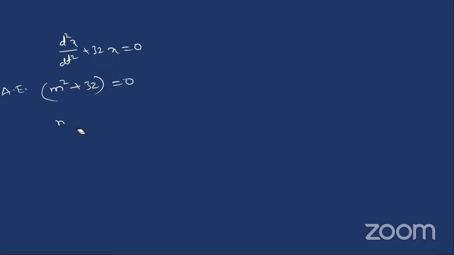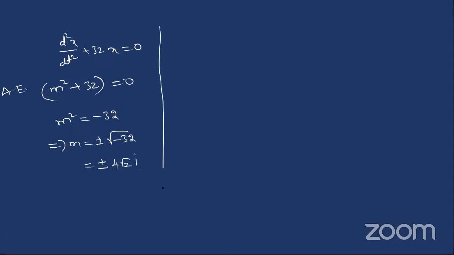Correct? If you find the roots of this equation, m square is equal to minus 32, and thereby m is equal to plus or minus square root of minus 32. We can write this as plus or minus 4 root 2 i. So clearly the roots are complex.